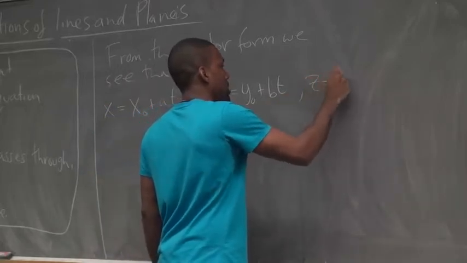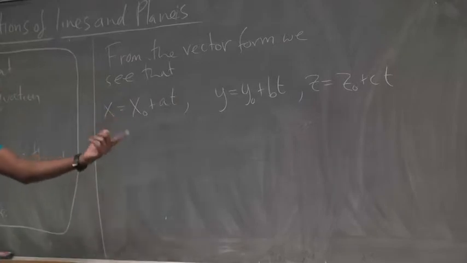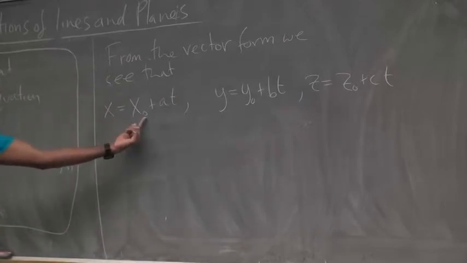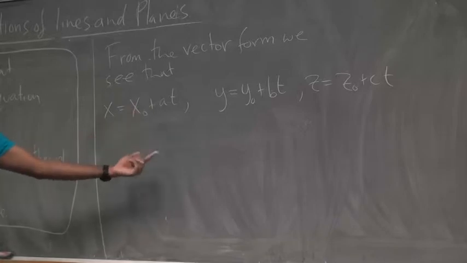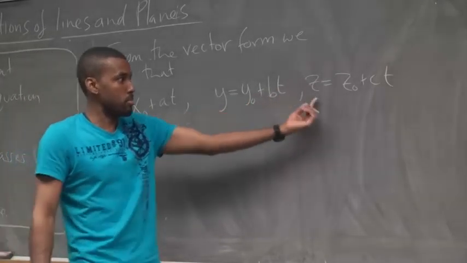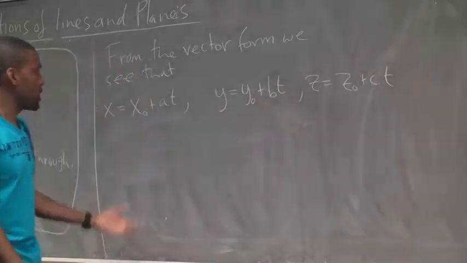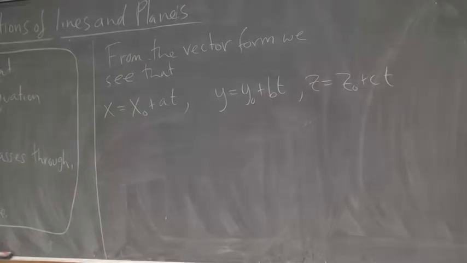My z value is z naught plus ct. I can isolate the components one at a time. If my x behaves like a straight line, like mx plus b, and my y behaves like a straight line, and my z behaves like a straight line, then overall I have a straight line.